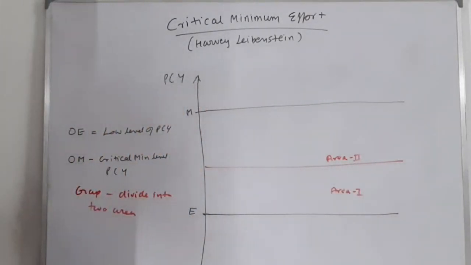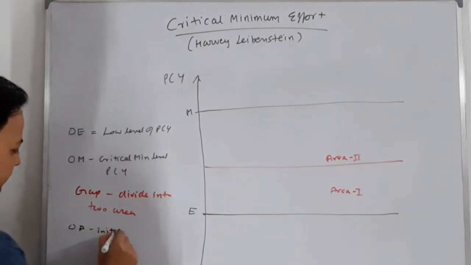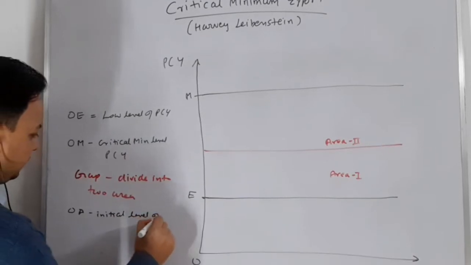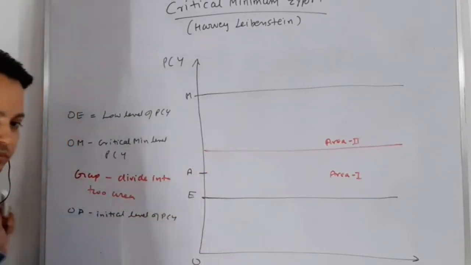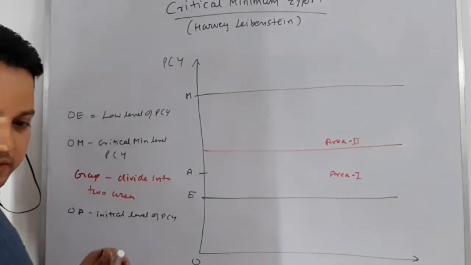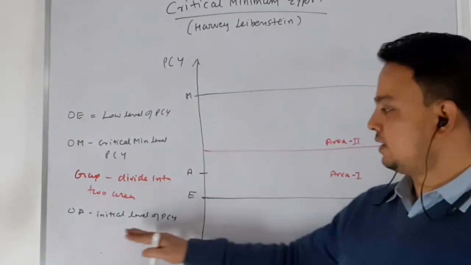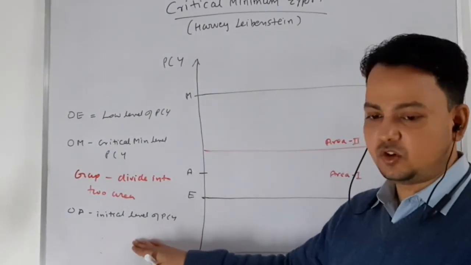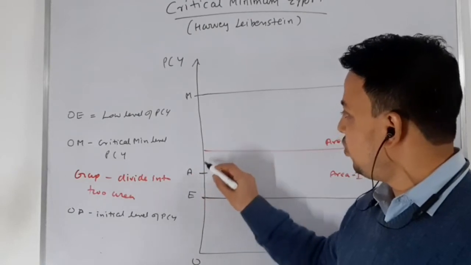Now suppose OA is the initial level of per capita income. First, there is an injection. Initially, an injection of investment is put in place. So my per capita income increases from OA to OB.